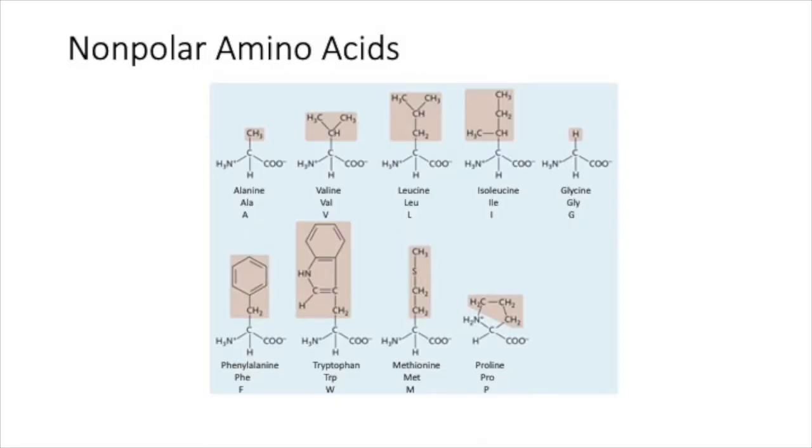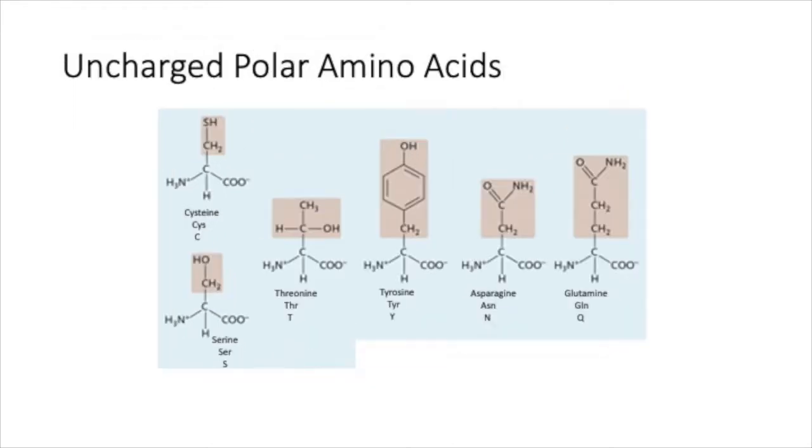So we have the non-polar amino acids: alanine, valine, leucine, isoleucine. You can go through these. Then there are uncharged polar amino acids.